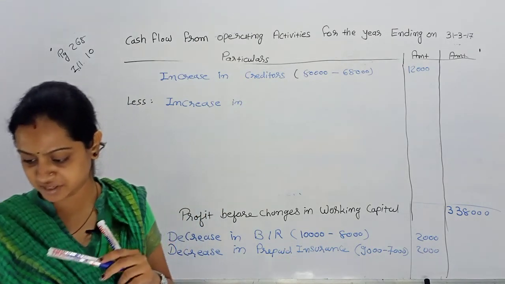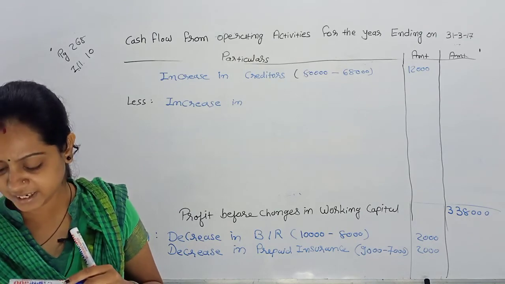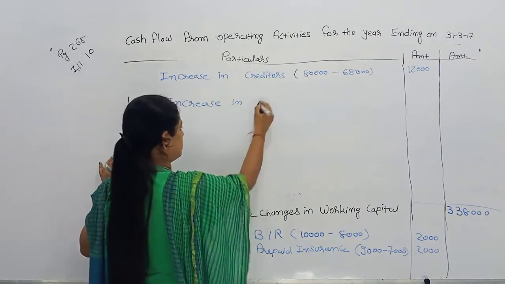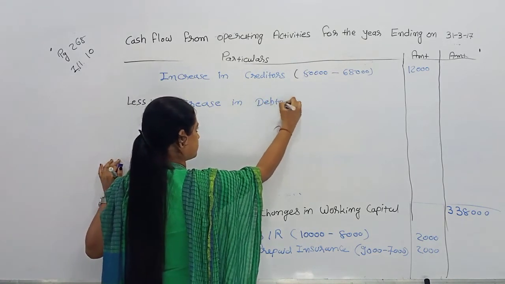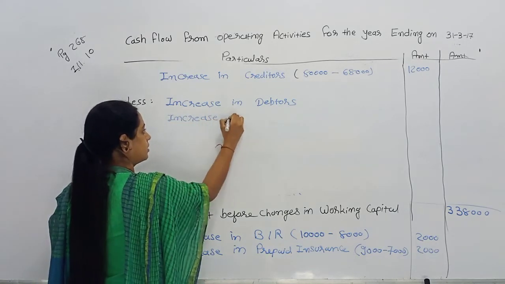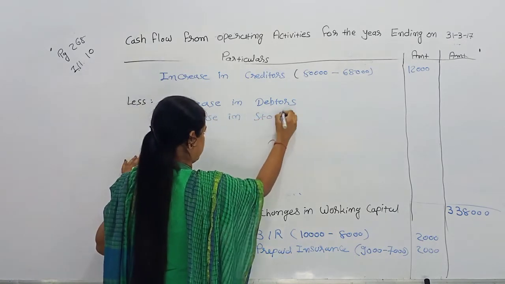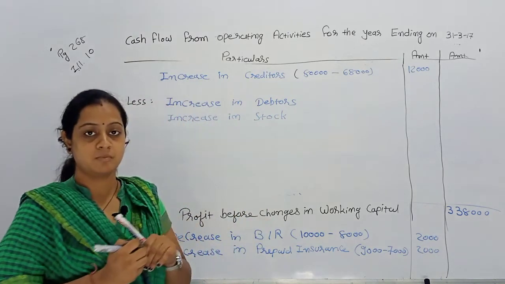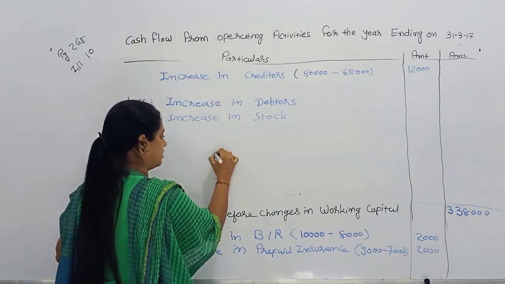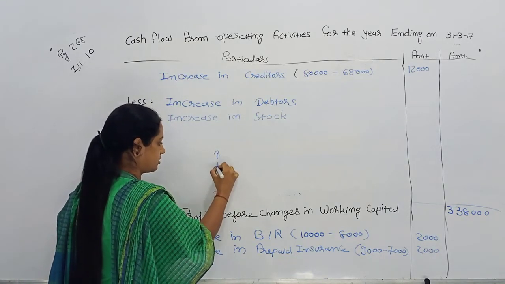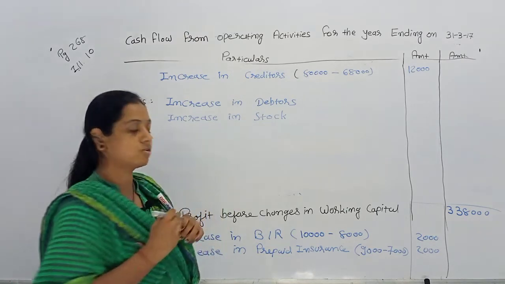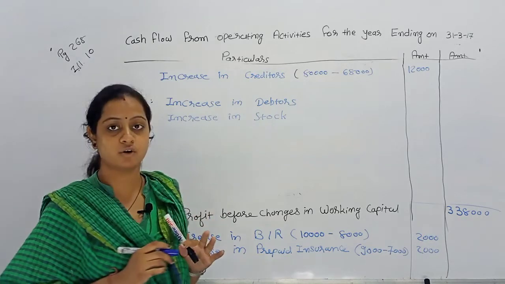So there has been an increase in current assets only in debtors and stock, right? So here I will write increase in debtors and increase in stock. See, if you don't understand, then please do tick marks in your book for increase and decrease, like this, so that when you are solving the sum, it will be easy for you to write.